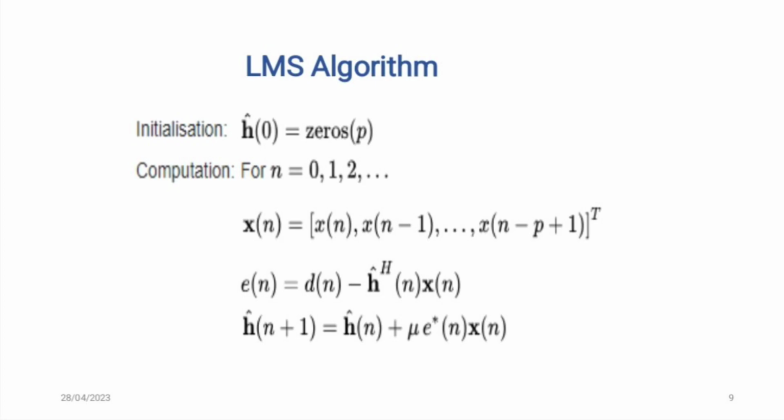X of n is an input signal which can be increased for as many inputs. E of n is an error signal, where the error is found by comparing the desired signal along with the input signal. H cap values can be increased by the step size values along with the error signals, where it is an integer used for ECE analysis.